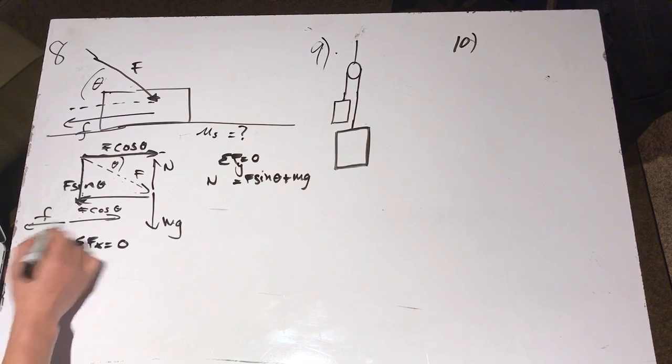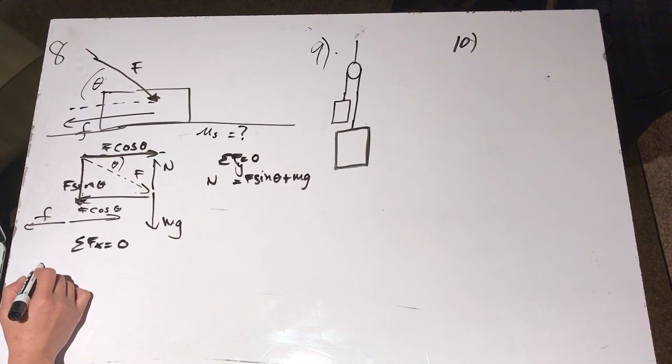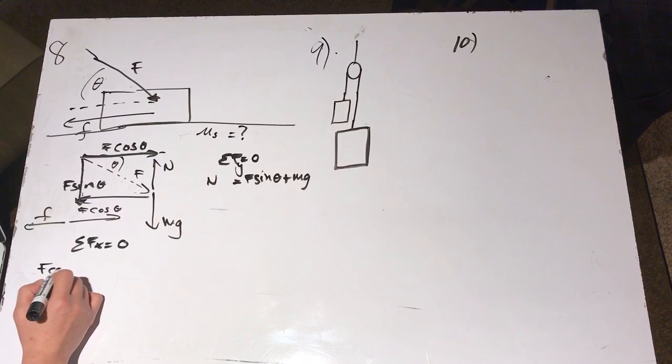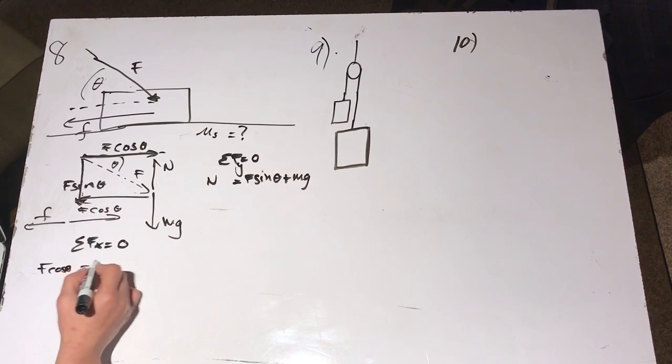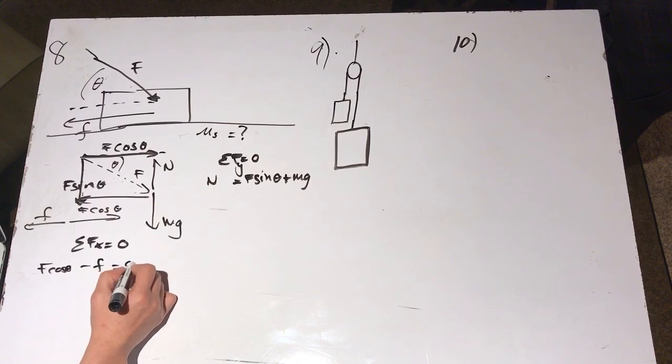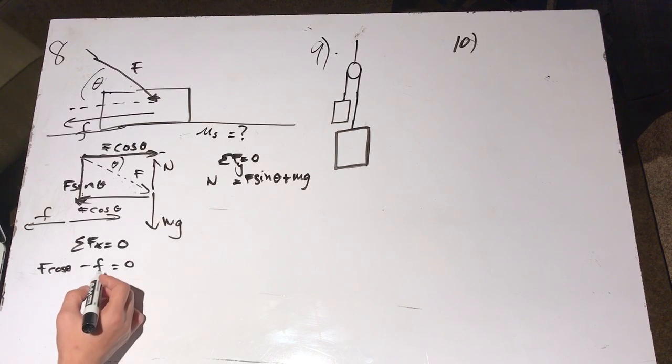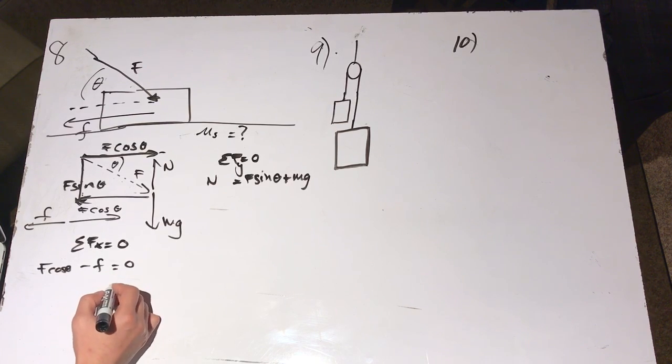I'm going to replace that one later. So I'm just going to say F cosine theta minus f is equal to 0. And I'm going to replace the frictional force.